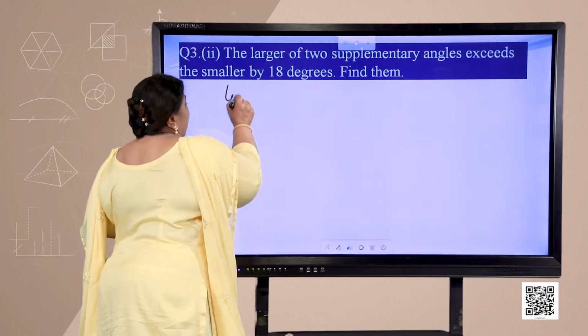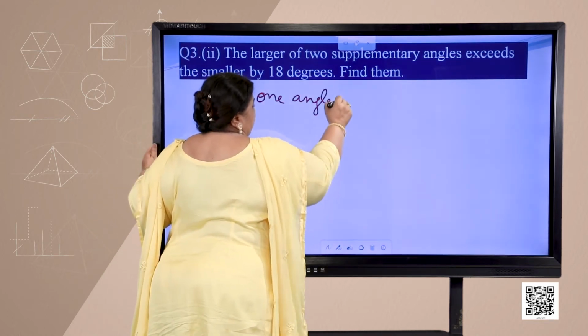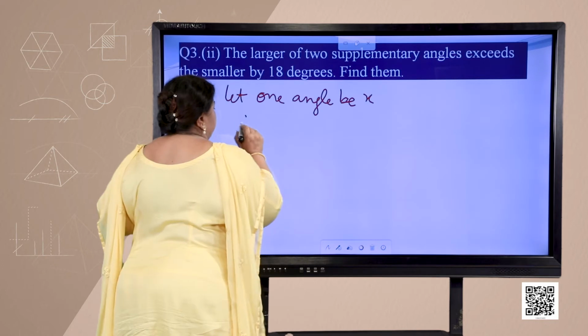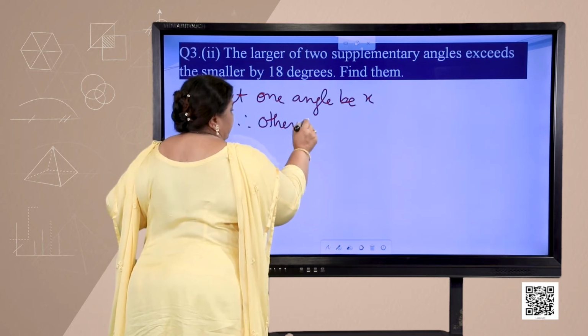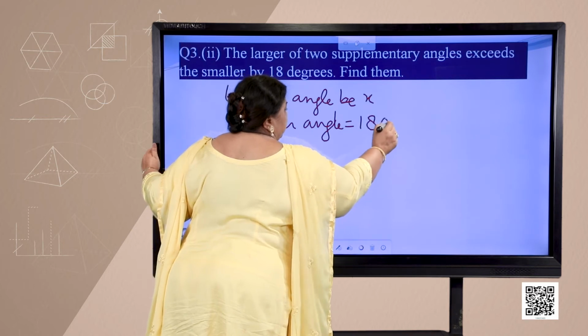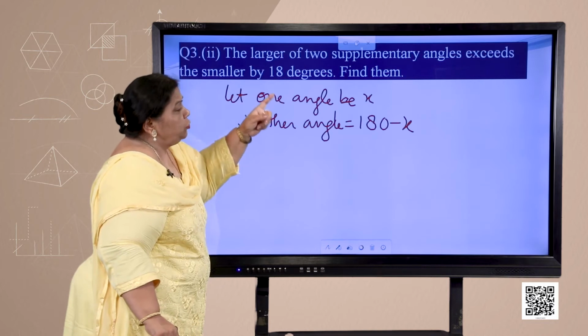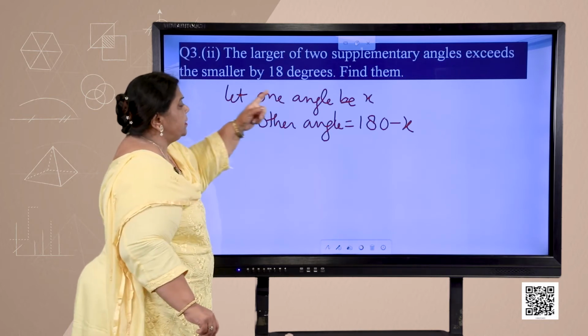So, let me take one angle as x and the other angle will obviously be 180 minus x. Now what is the condition? Larger of two supplementary angles exceeds the smaller.